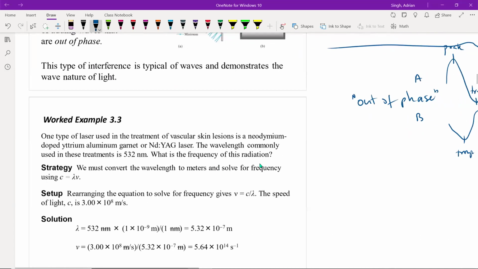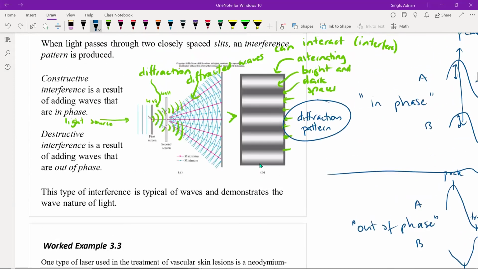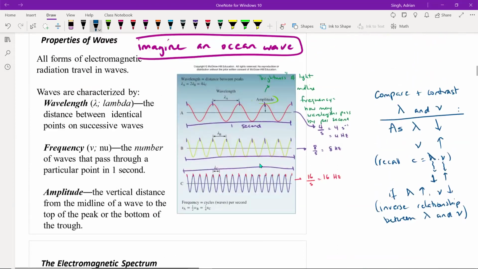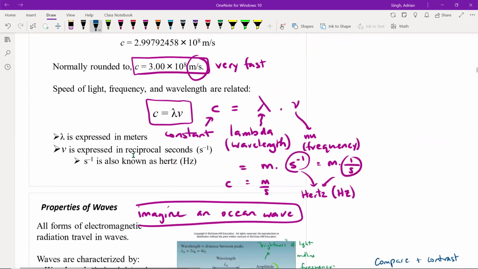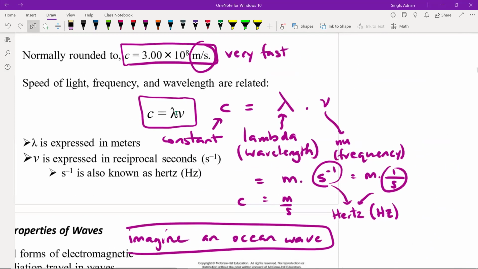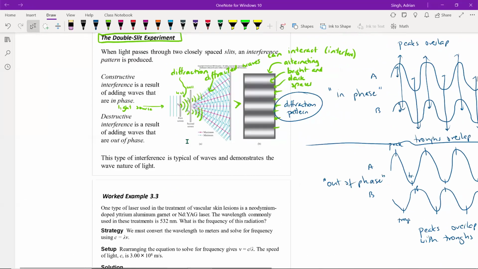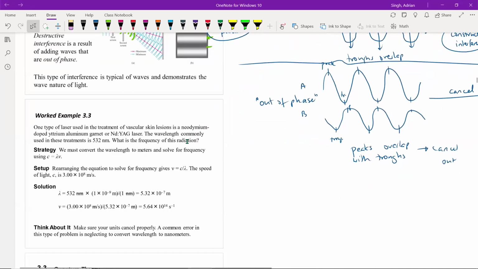All right, so the thing that we need to know about, other than qualitatively what's going on, is quantitatively how we're able to use our wave equation, c equals lambda times nu. We should be able to use that equation, rearrange it to solve for any unknown.